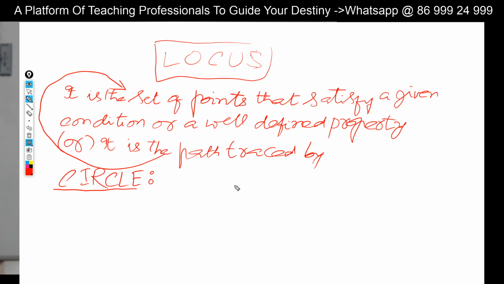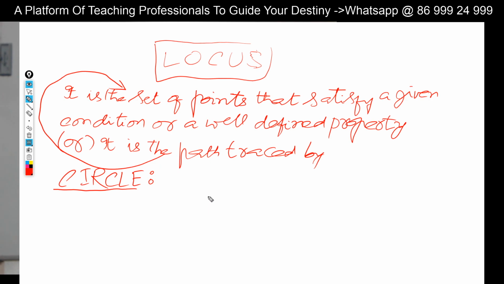The set of points that are equidistant from a fixed point forms a circle. That is, the path traced by the set of points that are equidistant from a fixed point always forms a circle.